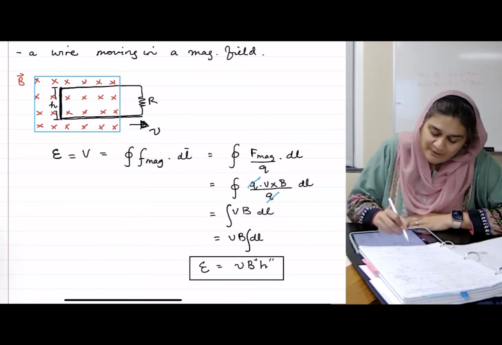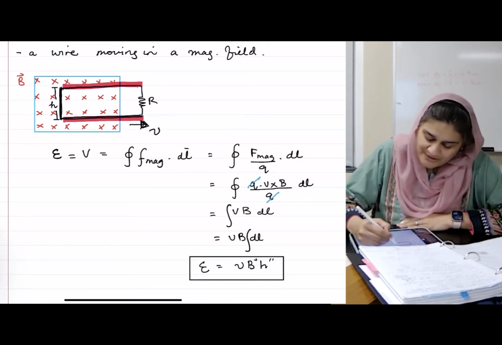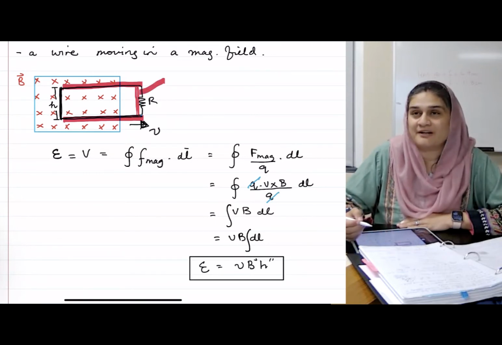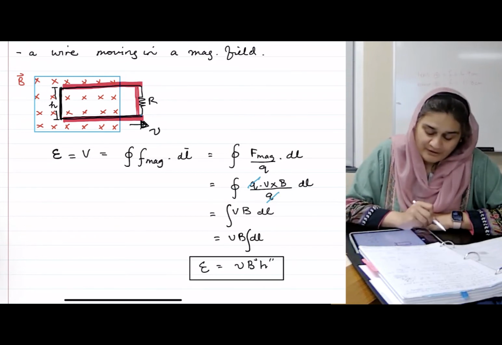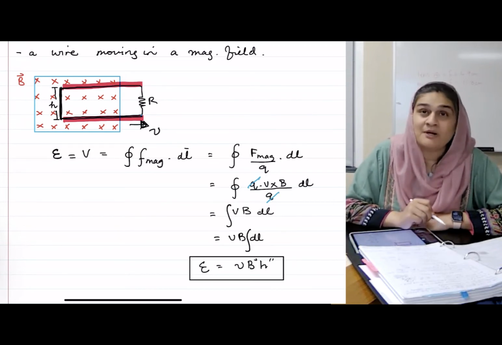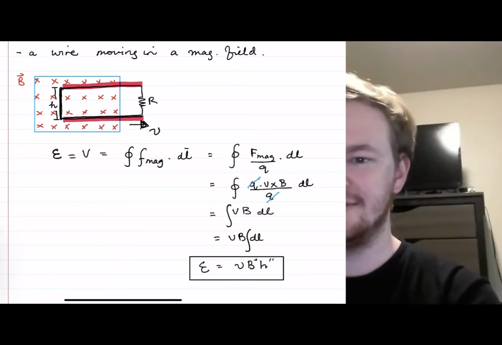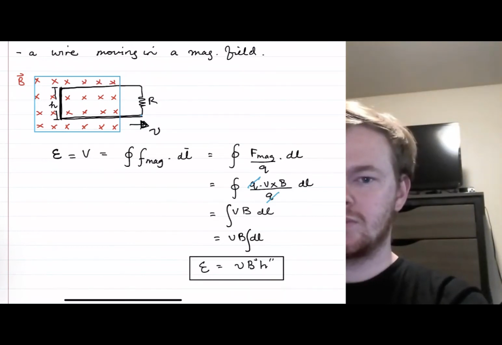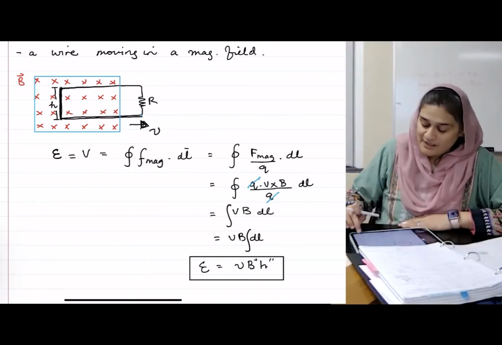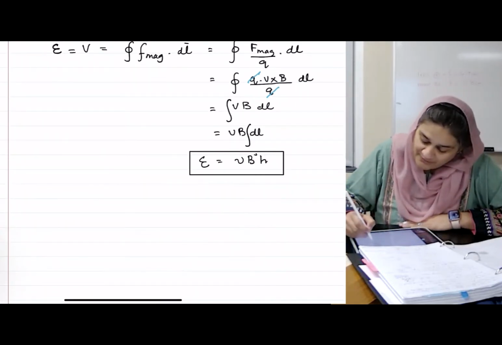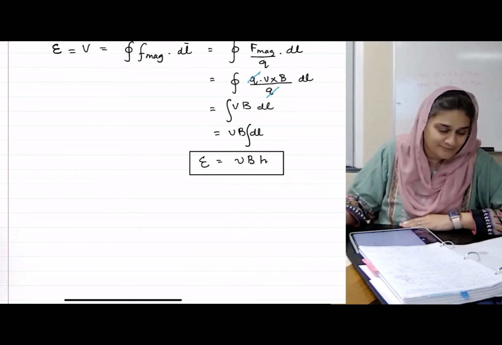Why do these segments not contribute? And why doesn't this segment contribute? Well, this segment cannot contribute because it's out of the magnetic field, right? So that takes care of that problem. What about the top and the bottom? Because of the angle? Yes, because of the angle. So we're only left with H. Okay, so E equals VBH. That is a very, very common thing that you will see all the time.